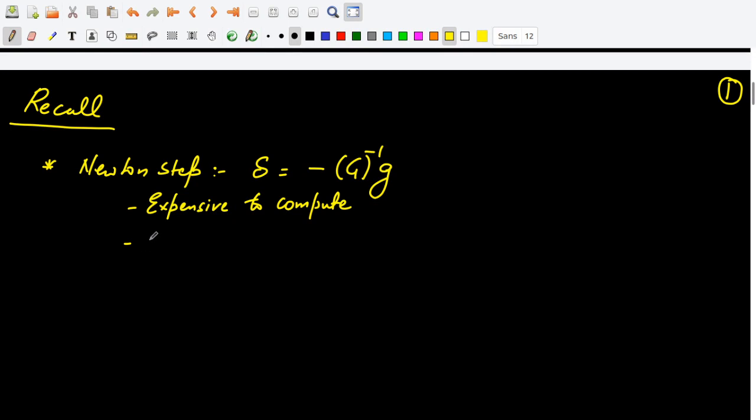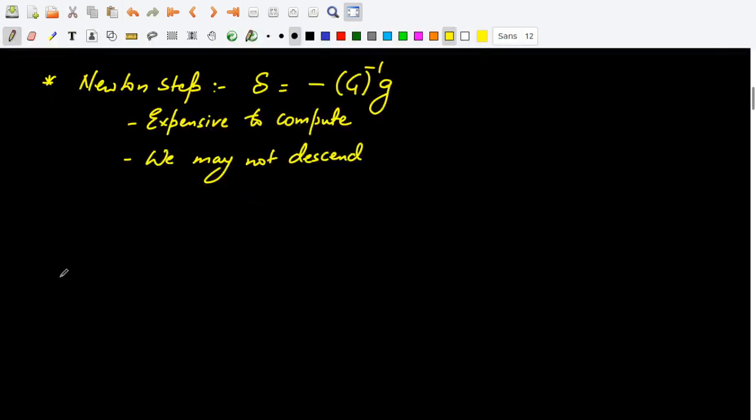So we may not descend if we take the Newton step. So as we discussed last time, these quasi-Newton methods try to overcome these difficulties.